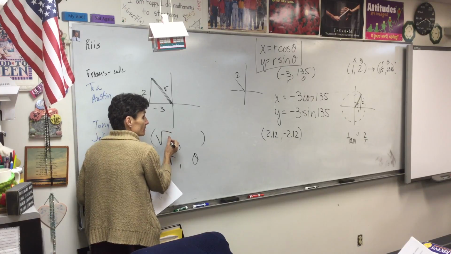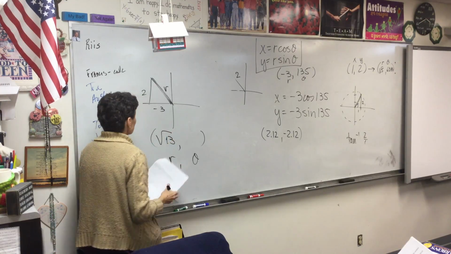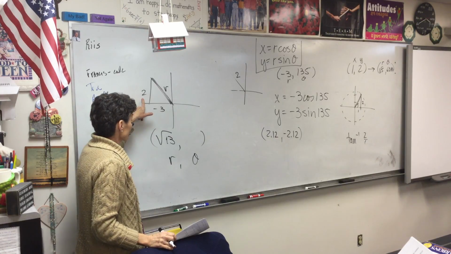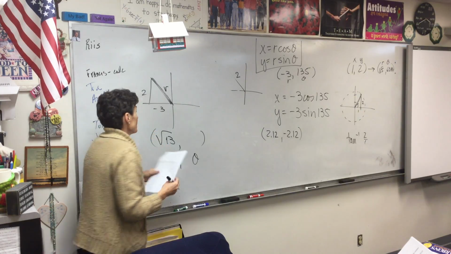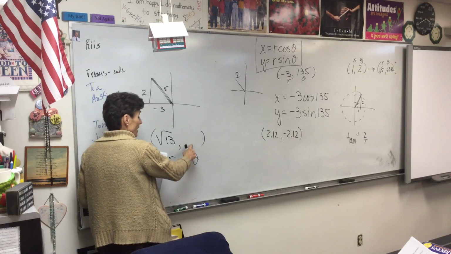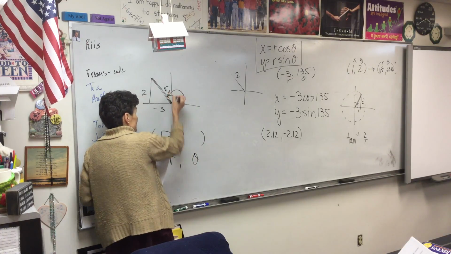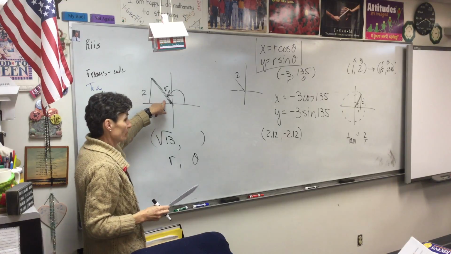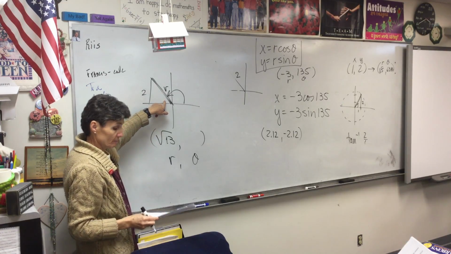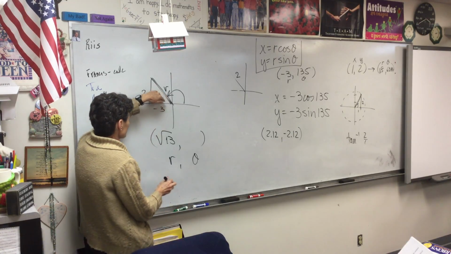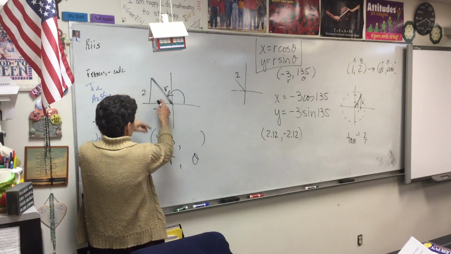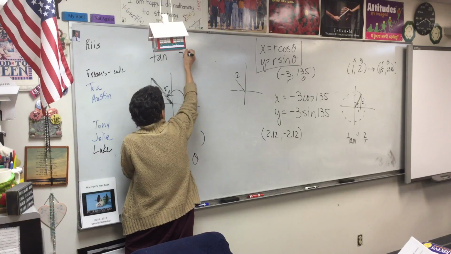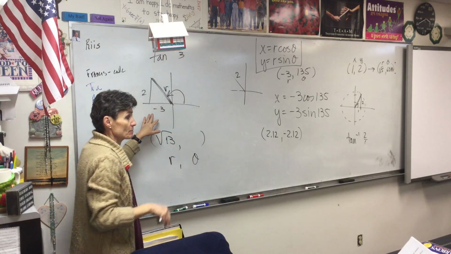Square root of 13? 9 plus 4? Now be careful, because your direction angle, theta, is this. First we'll find this one though. And how do we find that? What special buttons do we press to find that angle? Inverse tangent, 2/3, take or leave the negative, it's up to you.